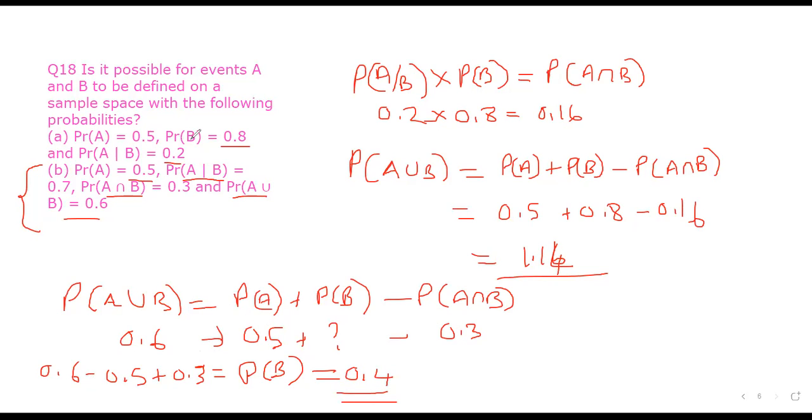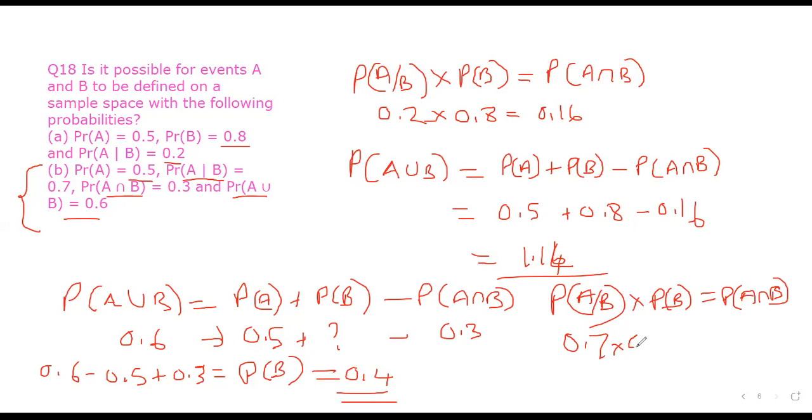So we're not done yet. We want to see whether it's consistent. So this A given B, if I multiply it by B, it should give us what? A intersection B. So what is our A given B? 0.7. What is the probability of B?